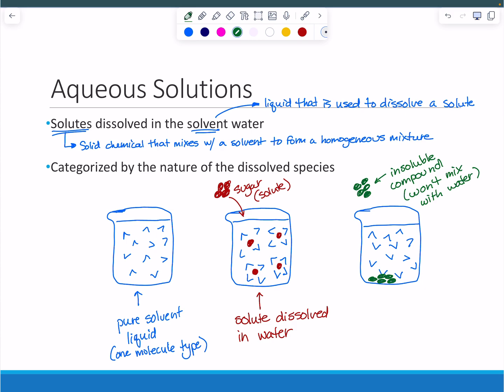And when we have chemical reactions that produce an insoluble compound, then what you see happening is that process of crashing out of solution, as we call it, or precipitation occurring. So the solute is insoluble in water.